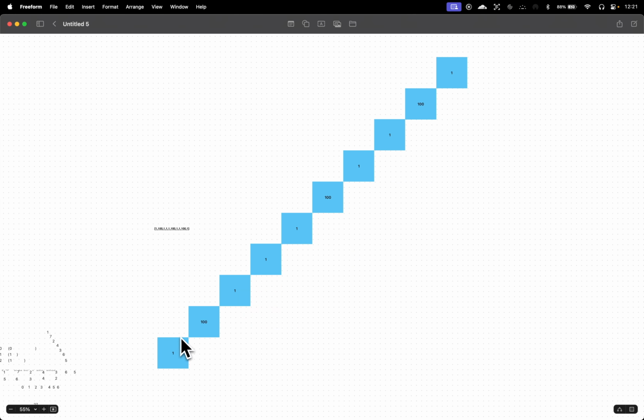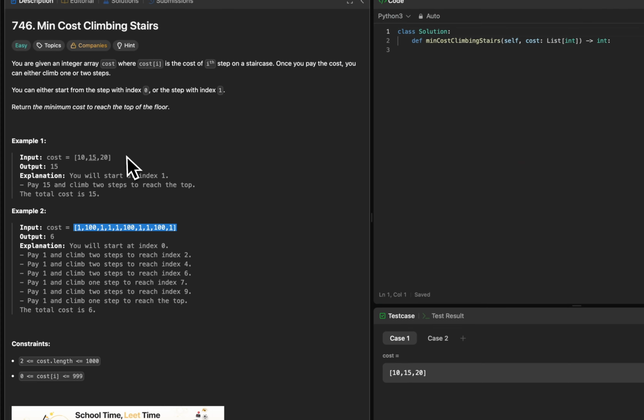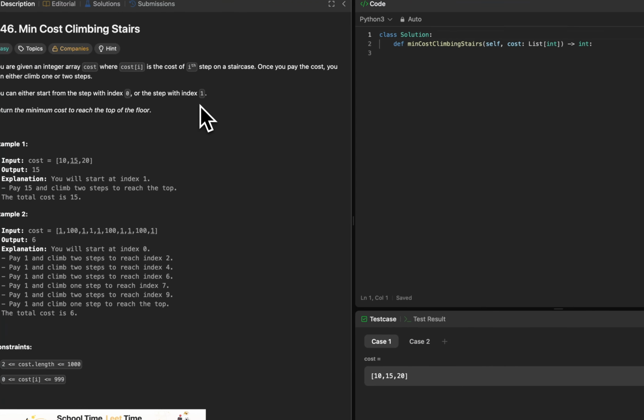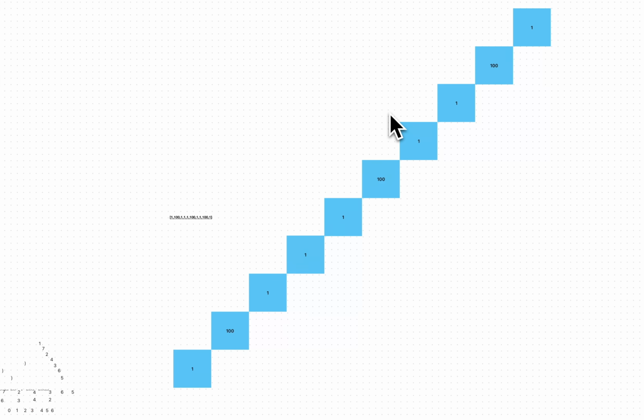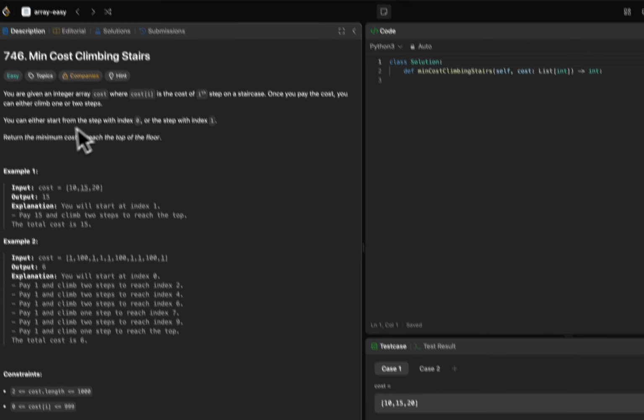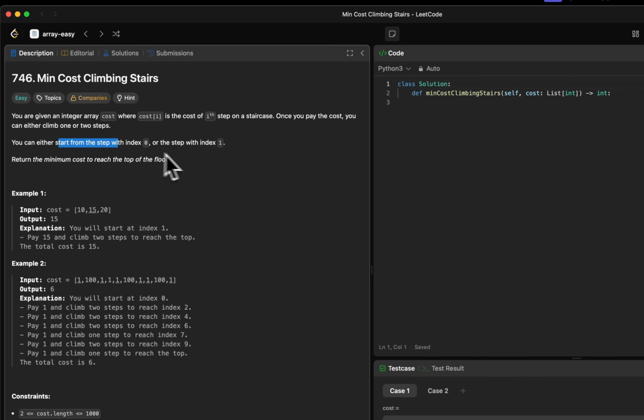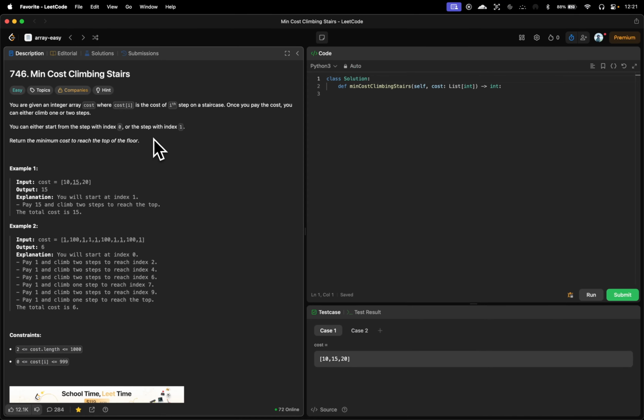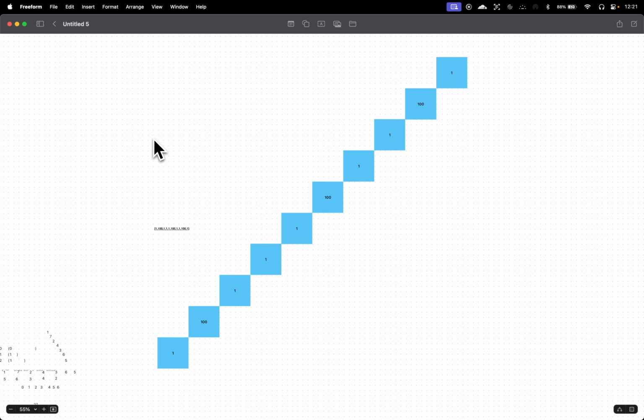If I start from here, okay, this is the 0 itself. Wait, a question. The question says start with the index 1. Okay, so essentially I can start from here as well. You can either start from step 0 or step 1, taking the minimum cost to reach the top of the floor.